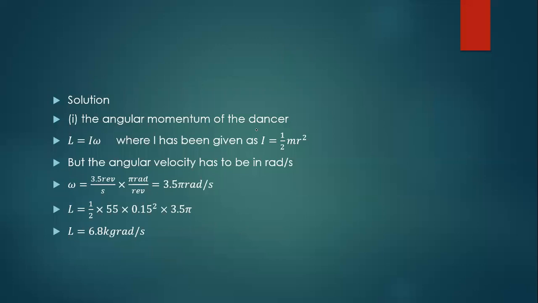Now, we know that angular momentum is moment of inertia times the angular velocity. The moment of inertia for the dancer is given as 1/2 mr squared. But the angular velocity has to be in rads per second.